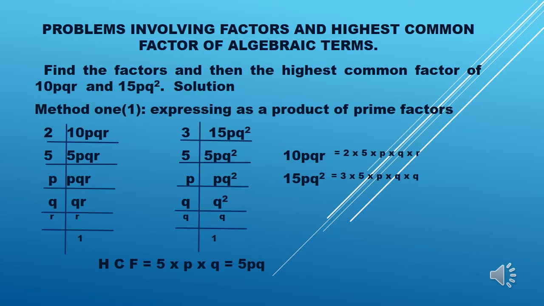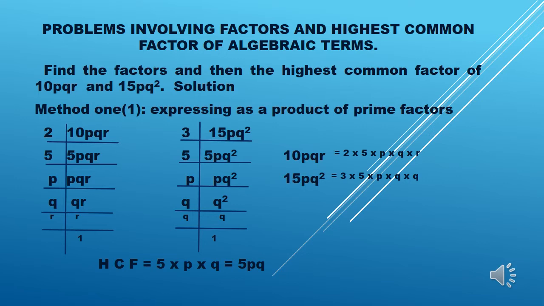Another factor is p, following it alphabetically. P divided by itself, we have 1, then we are left with qr. Q divided by itself is 1, and we have r left. R also divides itself to give us 1.